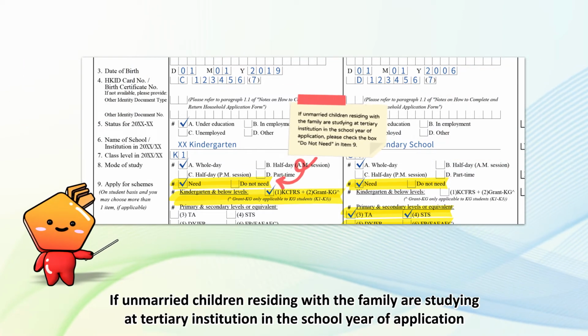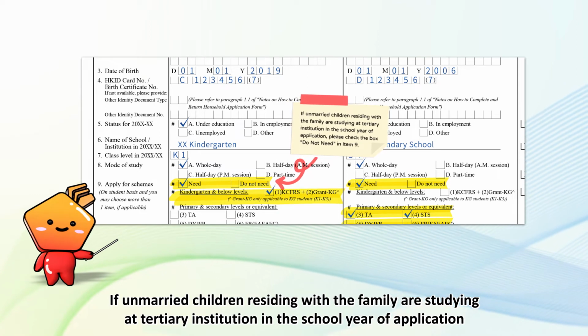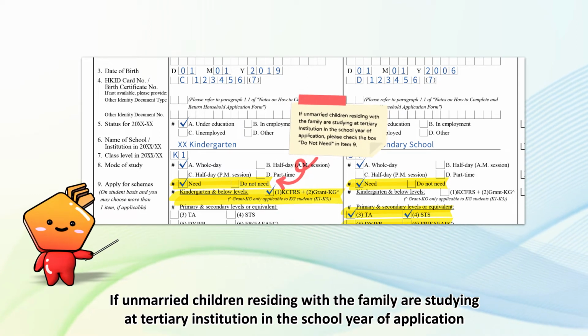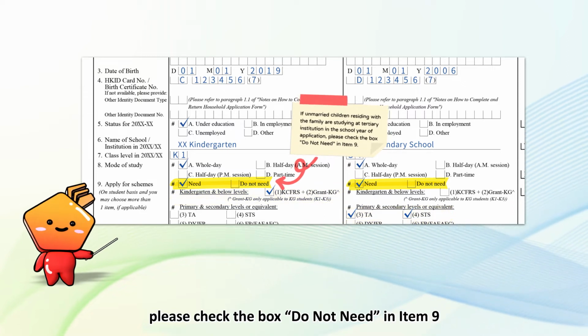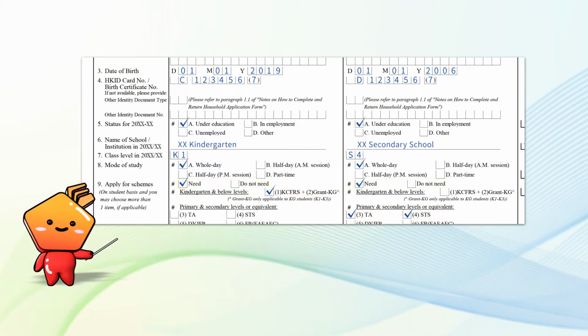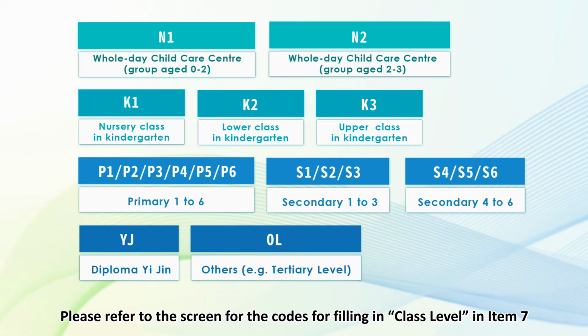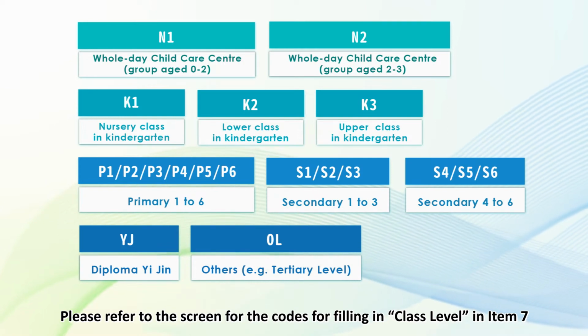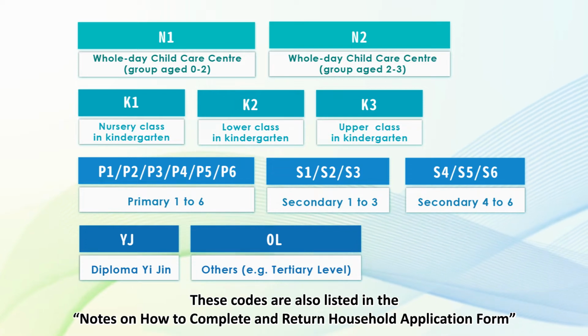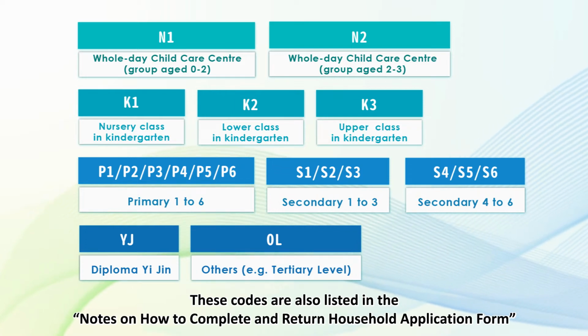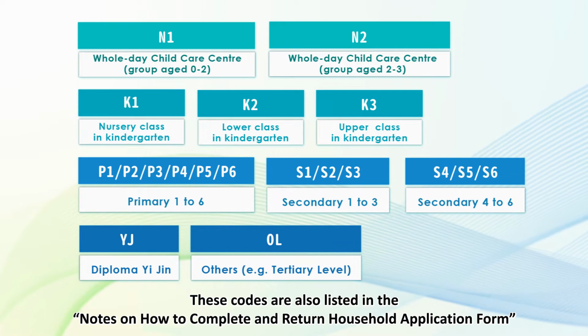If unmarried children residing with the family are studying at tertiary institution in the school year of application, please check the box Do Not Need in Item 9. Please refer to the screen for the codes for filling in class level in Item 7. These codes are also listed in the Notes on How to Complete and Return Household Application Form.